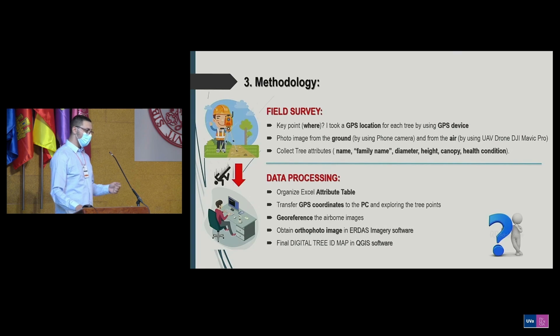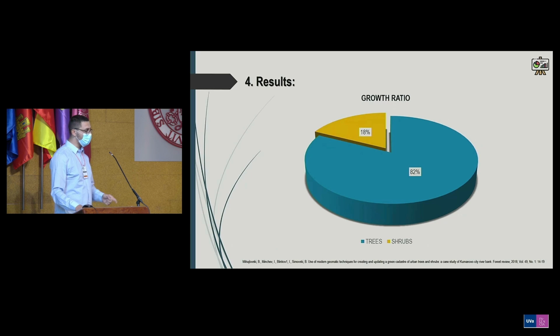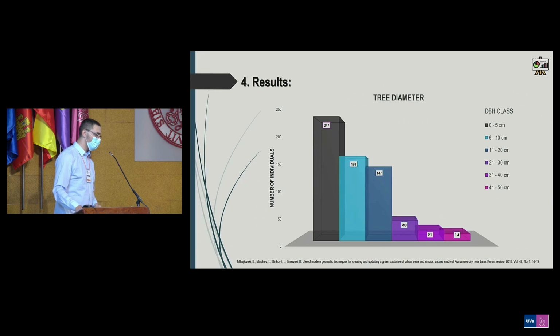So, that's what I found. I found that 82% of the individuals were trees, and only 18% were shrubs. Furthermore, I classified the trees into several classes; you can see from the photo 0 to 5, 6 to 10, 11 to 20, etc. I found that most of the trees were very, very young.